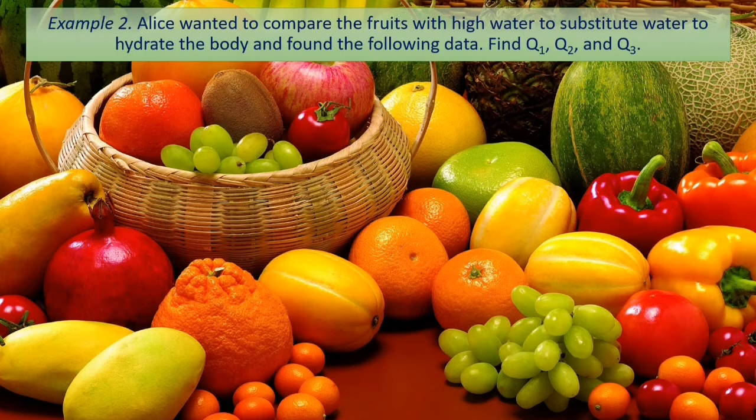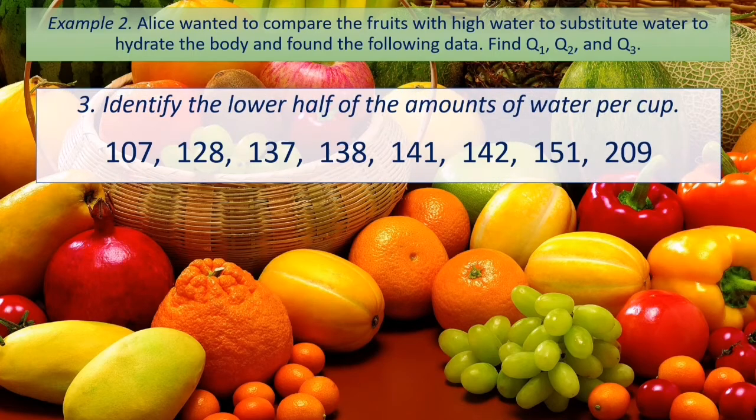Now let us find the value of the first quartile. In order to find the value of the first quartile, identify the lower half of the amounts of water per cup. So we have 107, 128, 137, and 138.